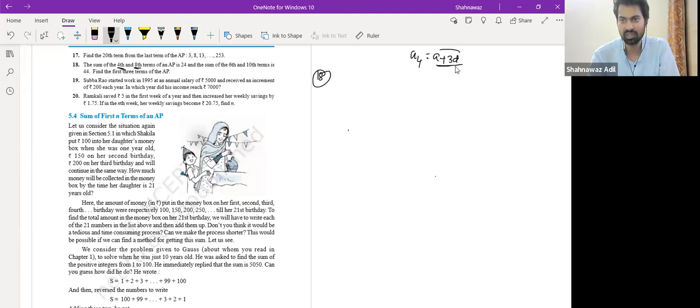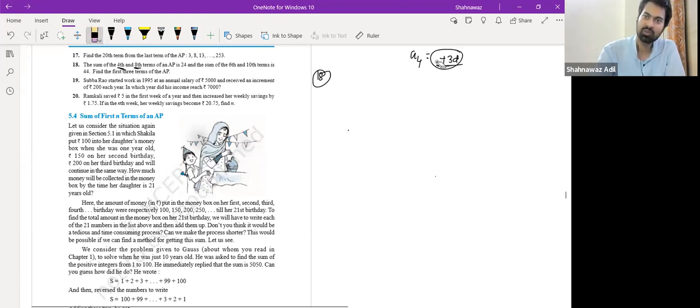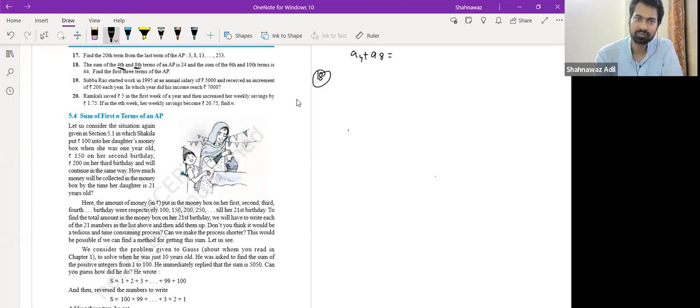So that would be my next question. You already have done this part. But from this question, what is given? The sum of the 4th and 8th term. So you have 2 terms, A4 and A8, and their sum is how much? It is given that the sum of the 4th term and 8th term is 24.